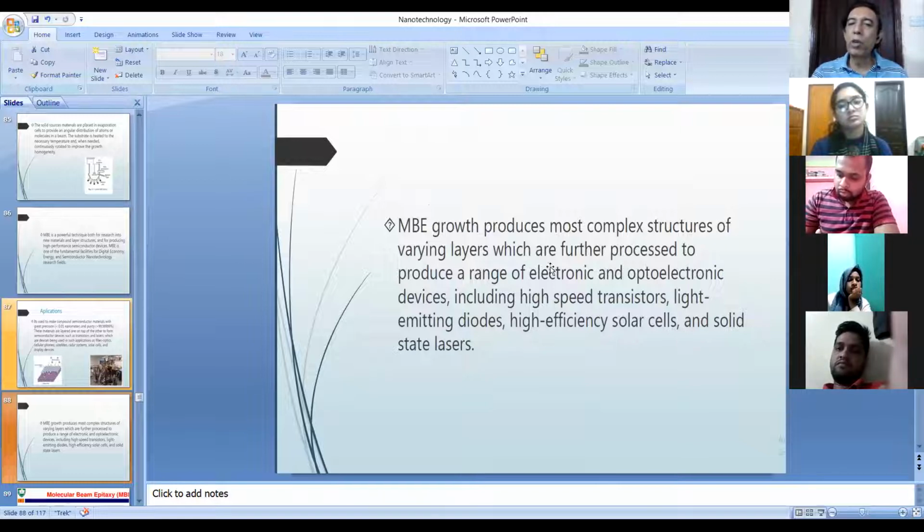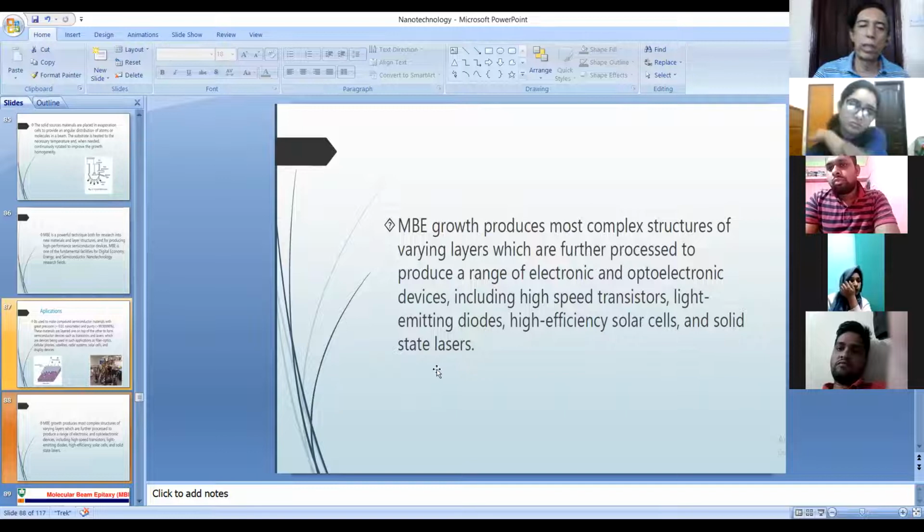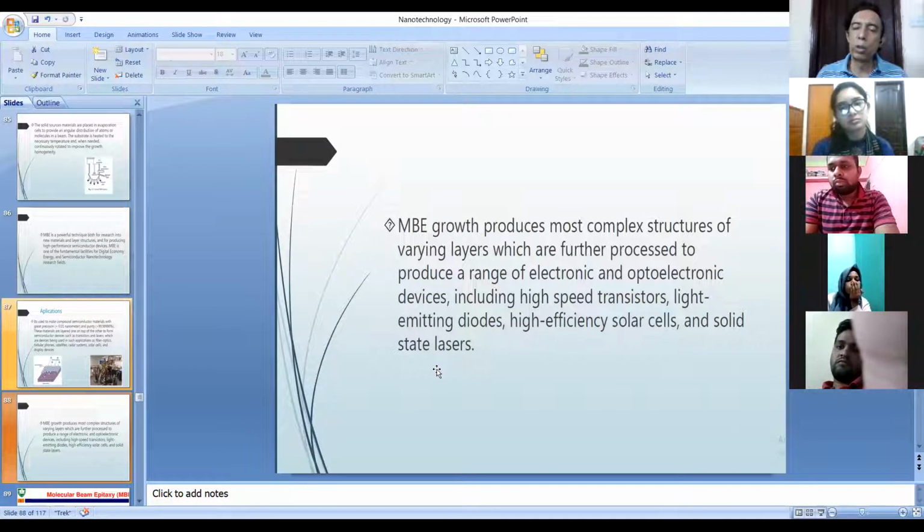Varying layers which are further processed to produce a range of electronic and optoelectronic devices, including high-speed transistors, light-emitting diodes, high-efficiency solar cells, and solid-state lasers. So you can make different types of thin film with the molecular beam epitaxy process.